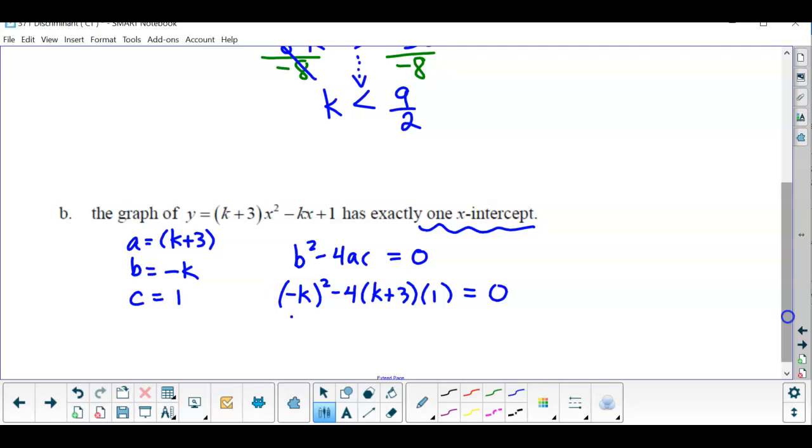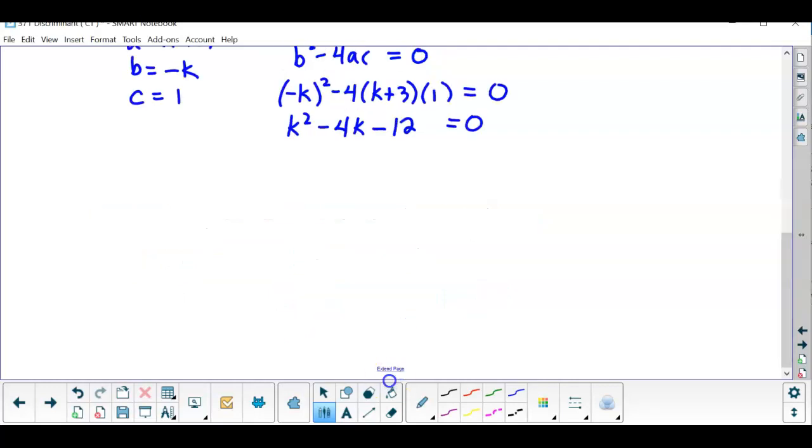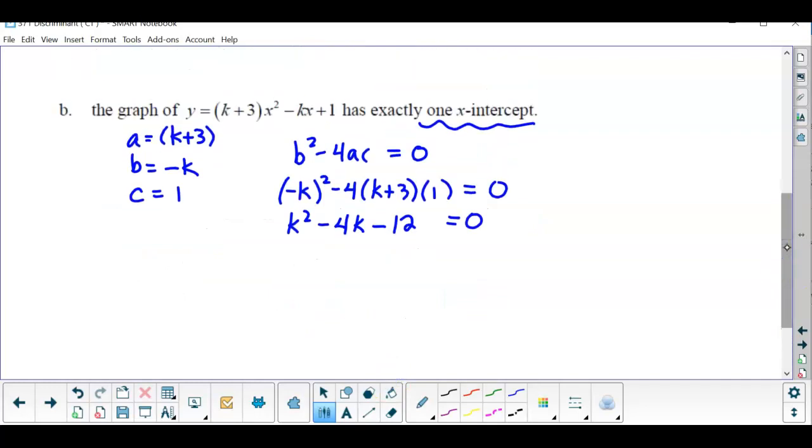When you square a negative, it's a positive. And take a look. It actually ends up that this ends up being a quadratic. So now you have to solve this quadratic, even though you're doing a discriminant. You actually have to solve this. But it can be factored.